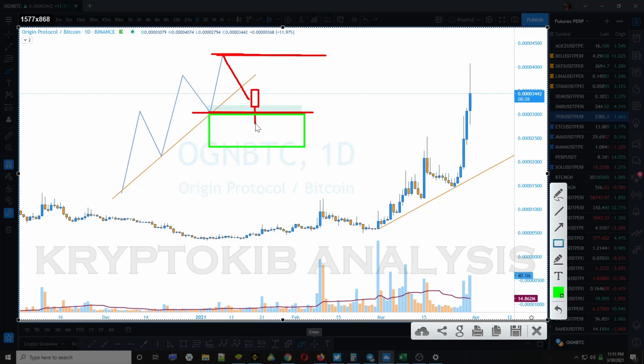Bulls were able to fight back. Either they were asleep before, and when they realized that their home had been invaded by the bears, they woke up, called for some backup, and were able to fight back and push the bears outside the wall, and the candle closed like this. But the fact that they have allowed the bears to breach their wall shows weakness on the side of the bulls.